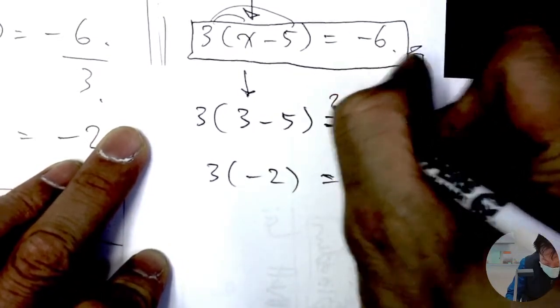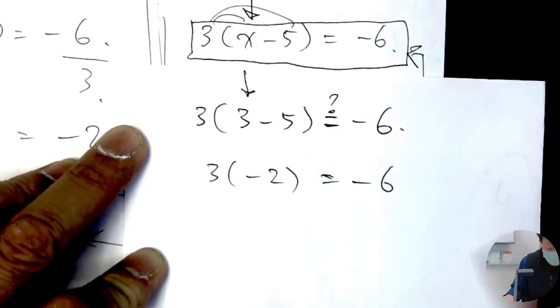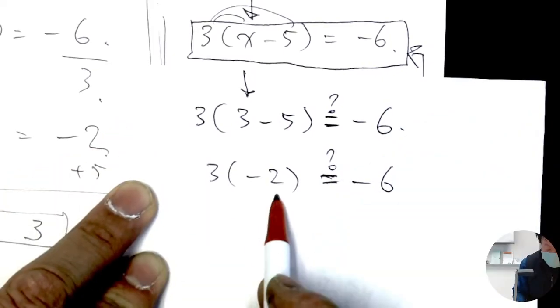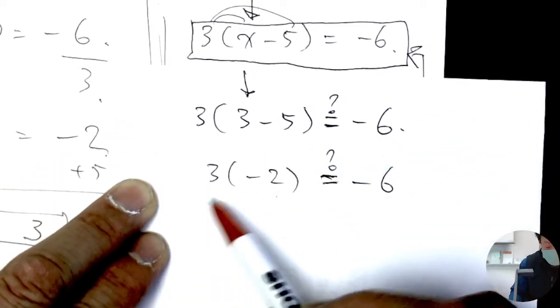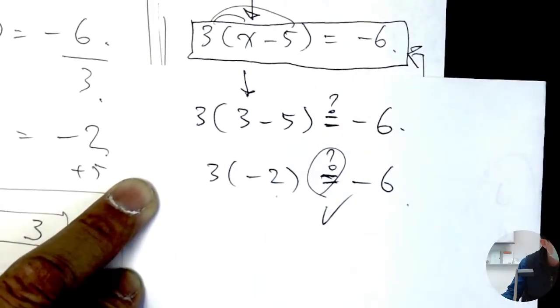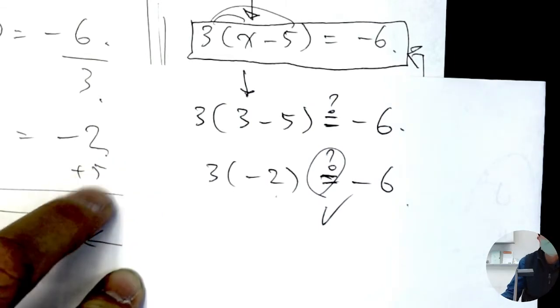That equal sign now has a question mark because I'm trying to see if they are the same. So is that actually equal? Well, it turns out 3 times negative 2 is negative 6. Therefore, that equation checks out. Therefore, my answer is correct.